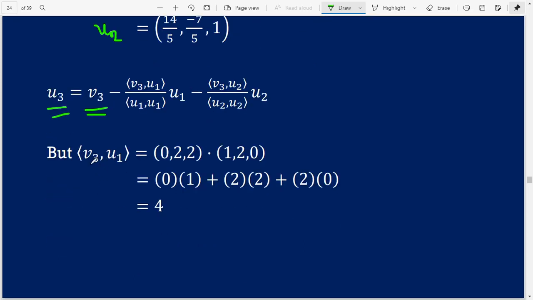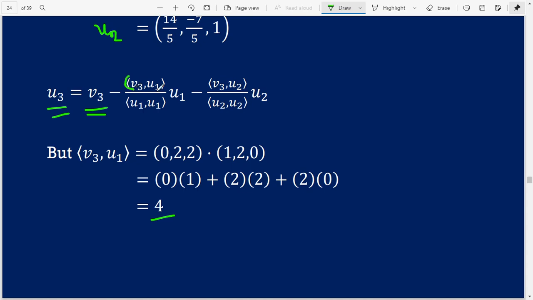Inner product V3 with U1 is (0, 2, 2) dot (1, 2, 0), so 0 into 1 plus 2 into 2 plus 2 into 0, which is equal to 4.